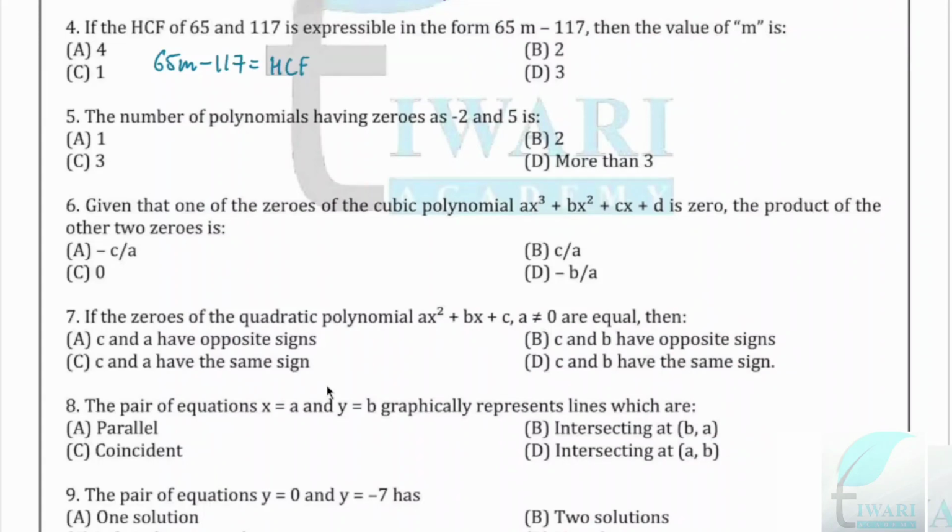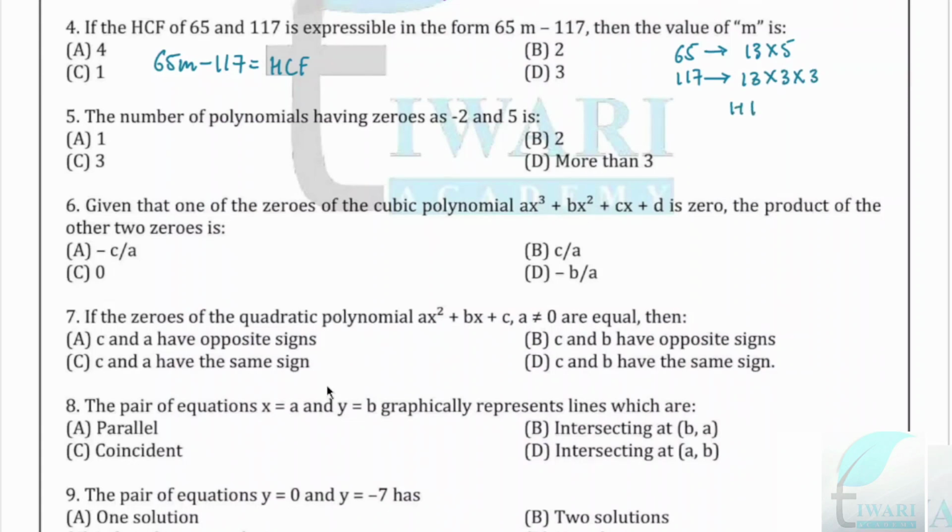For this, to calculate the value of m, we need to find the HCF of 65 and 117. Prime factorization of 65 is 13 into 5. Prime factorization of 117 is 13 into 3 into 3.